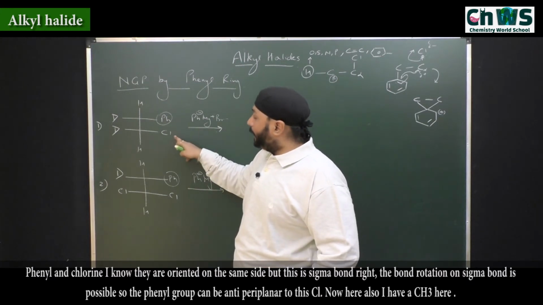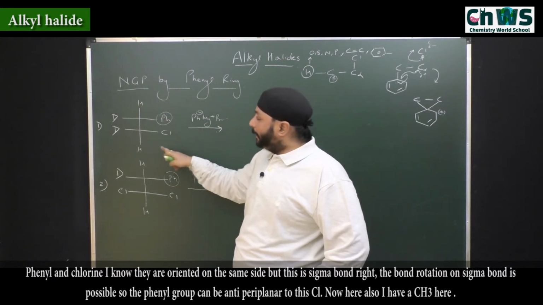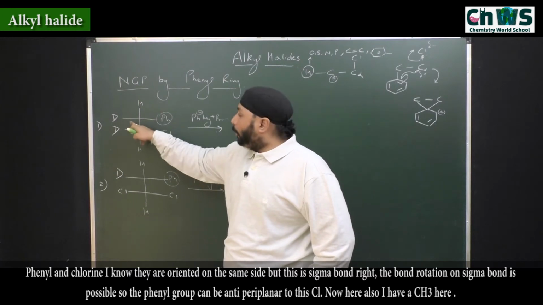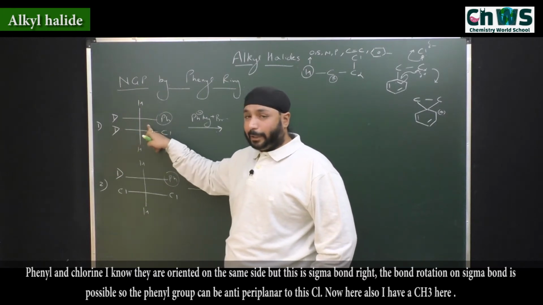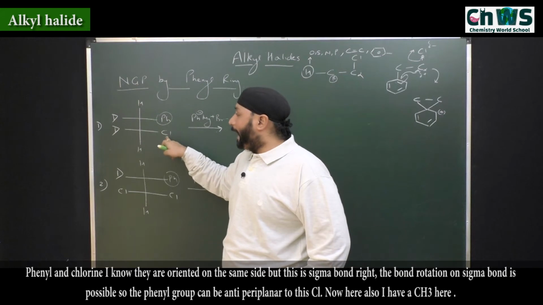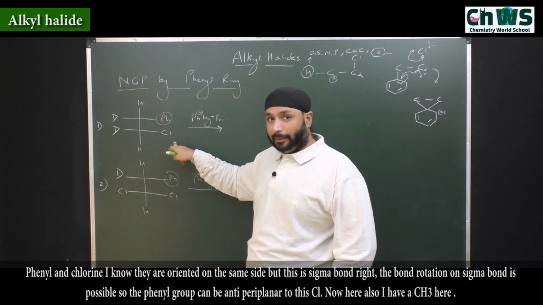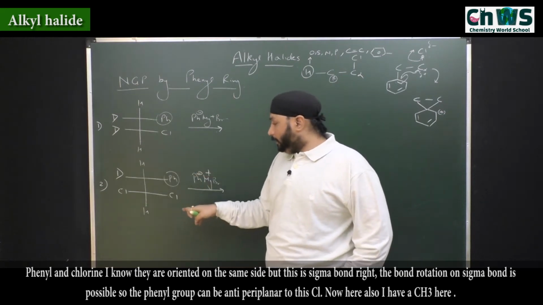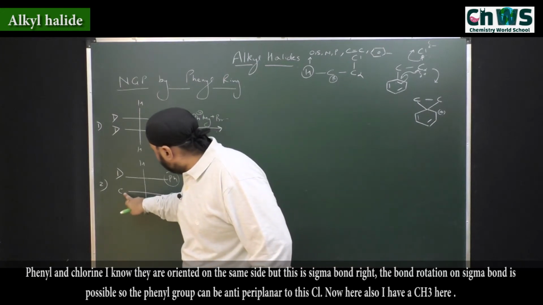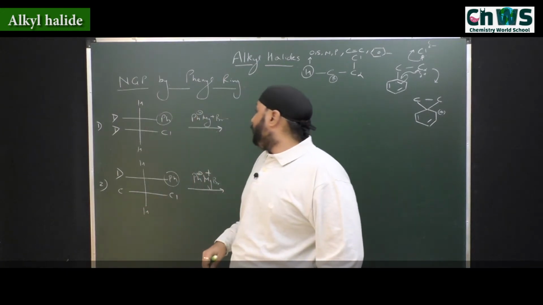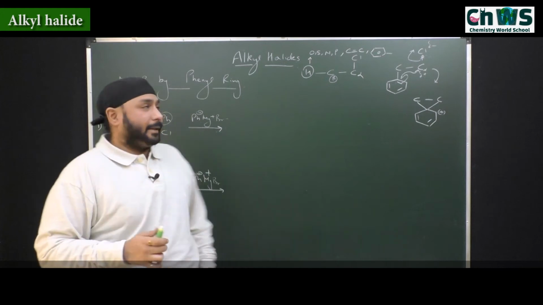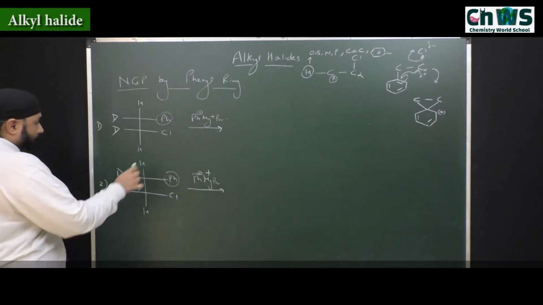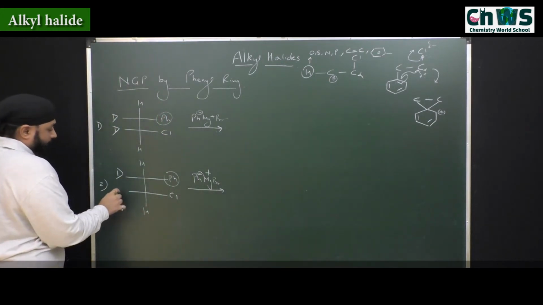Phenyl and chlorine, I know they are oriented on the same side, but this is a sigma bond, right? The bond rotation along a sigma bond is possible, right? So the phenyl group can be anti-periplanar to this Cl, right? Now here also, one second, I have a CH3 here, right? Make it, one second, deuterium. This should be deuterium.